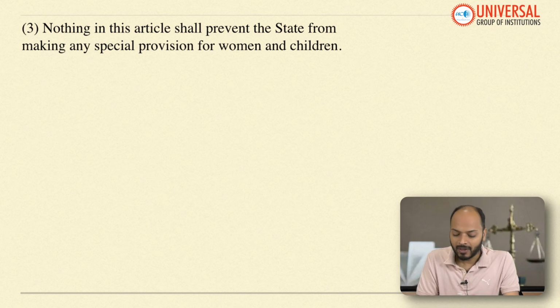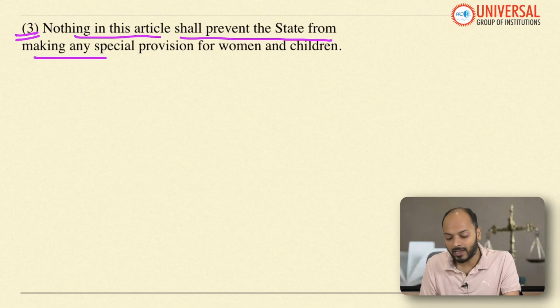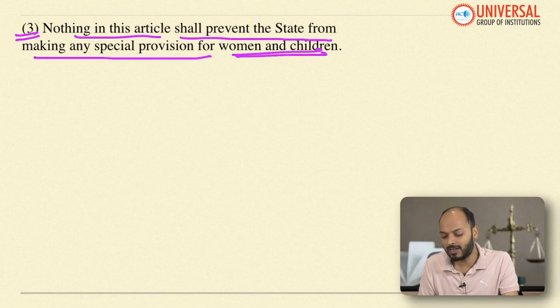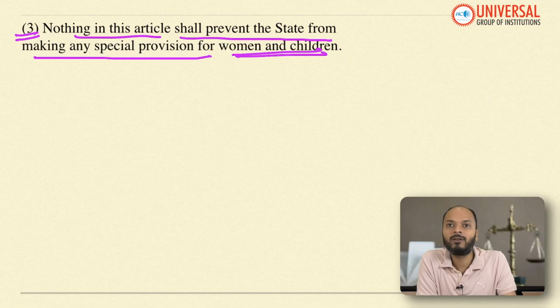Keeping this in mind, 15 sub-clause 3 was added to the constitution, saying that nothing in this article shall prevent the state from making any special provision for women and children. Women and children were considered a group of people who have been historically discriminated against, and are at a disadvantageous position compared to other sections of society. Hence if the state treats them differently, if the state gives them special treatment, it shall not be considered a violation of Article 15 sub-clause 1.